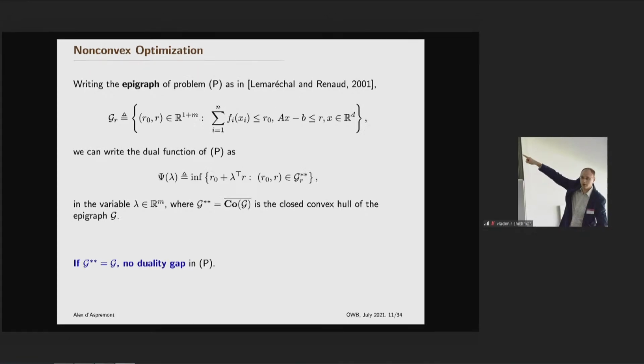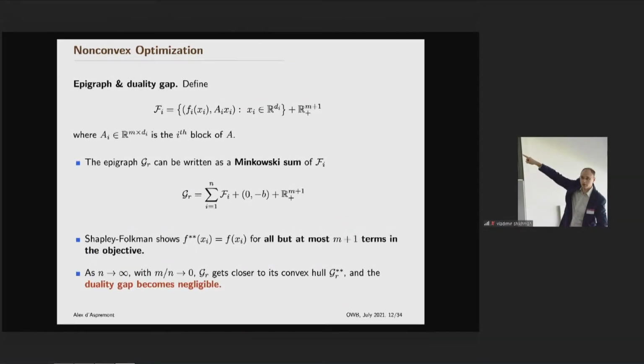And so very roughly speaking, again, if G star is equal to G, there is no duality gap in P. So why do we focus on the epigraph? Well, it turns out that when the problem has the particular separable format I just detailed, we can form these elementary epigraph blocks here, F_i, which are just the block components that form the overall problem epigraph.